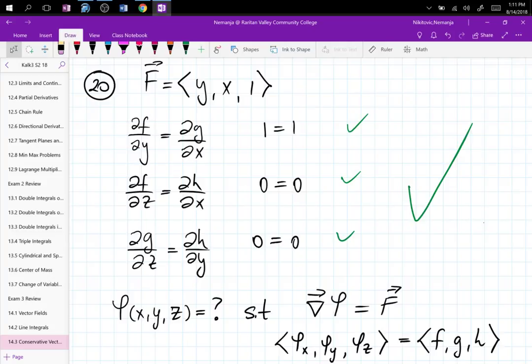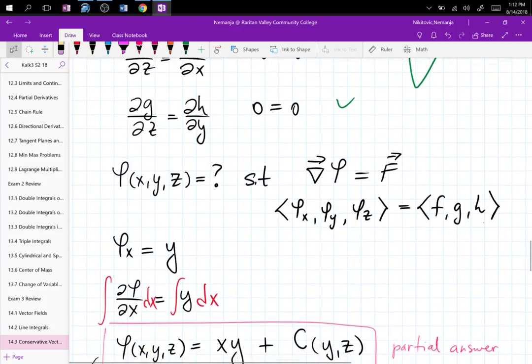You know that your vector field gives you three functions, so each one of these is equal to its corresponding f, g, h. So you start by equating any two. Generally, we always start with x equals f, but you can start anywhere. You can start with z equals h if you want to. And you go through them one by one.